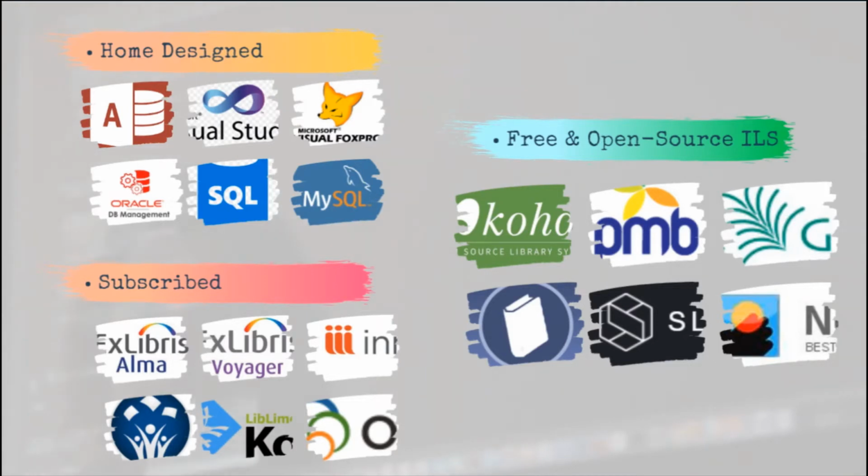They count as home-designed systems as per the needs of the library or librarian, designed either by an external programmer or an internal IT expert. And this type of library system still exists.